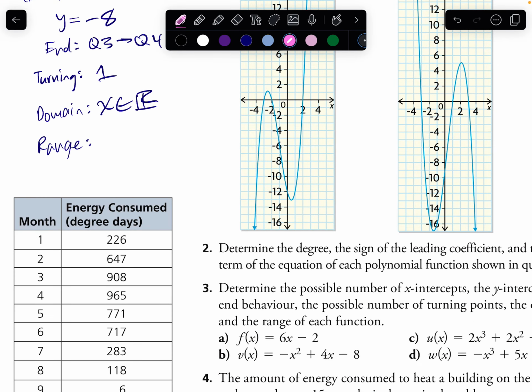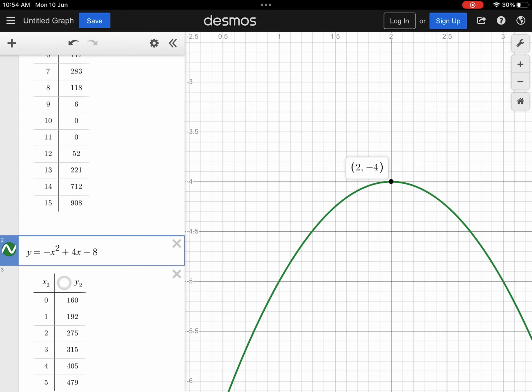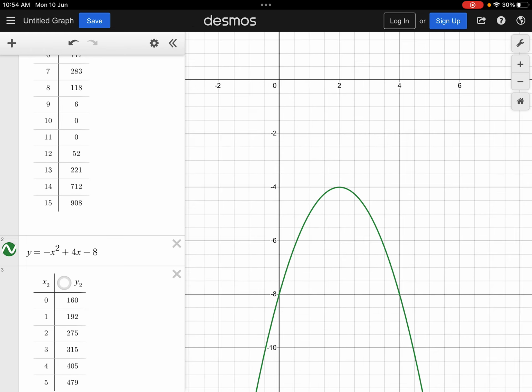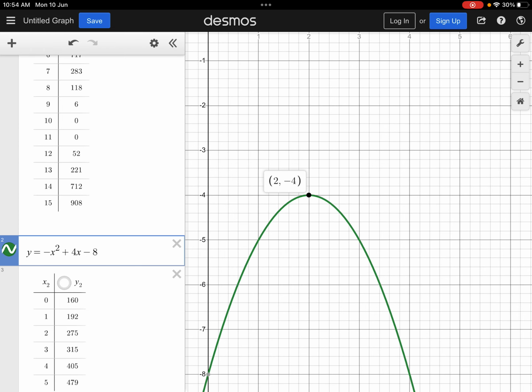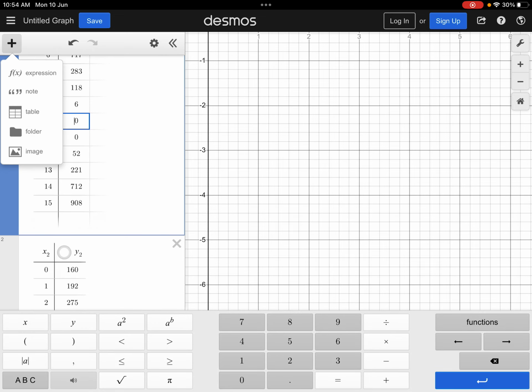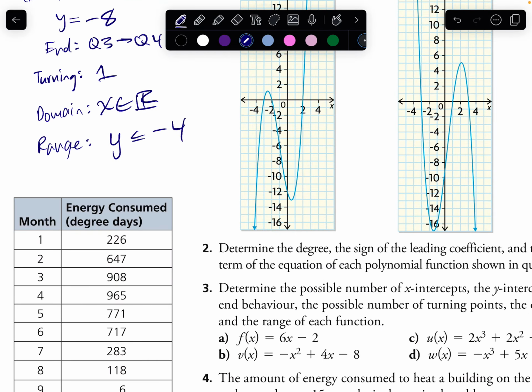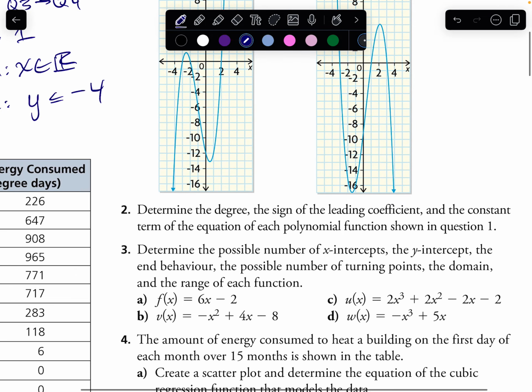The actual answer is y is less than or equal to negative 4. And that actually proves my point on Desmos. It's kind of useful. See, it's an upside down parabola, so that turning point is going to be the maximum value. I'll just make a new expression book. Okay, sweet. Okay, and then that's it for B.